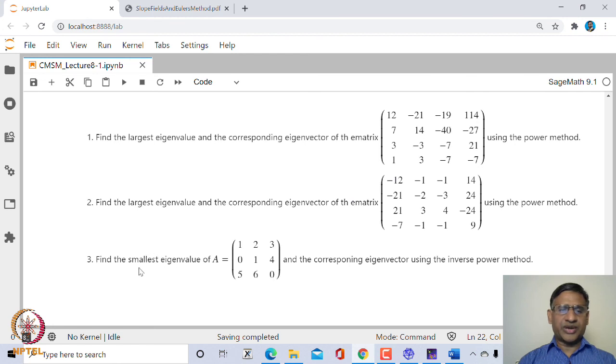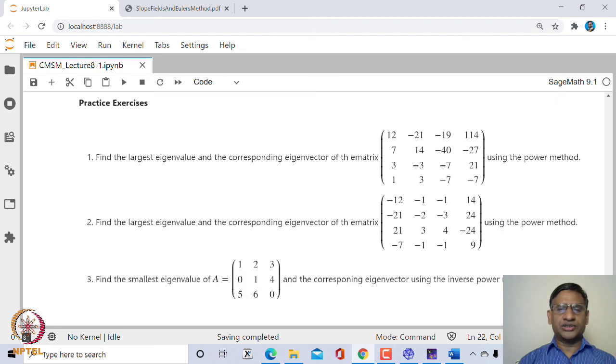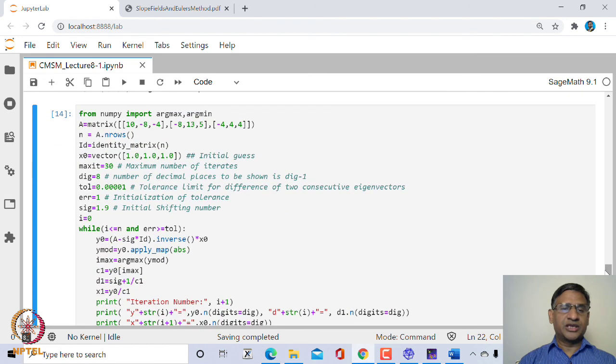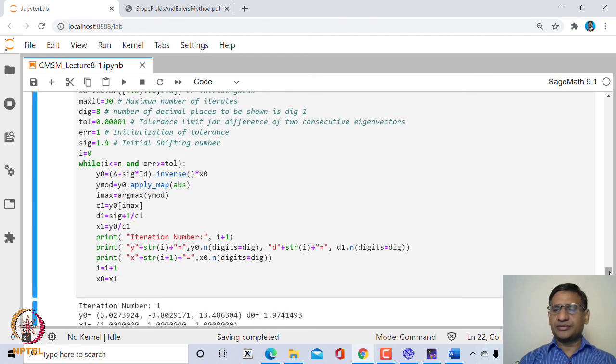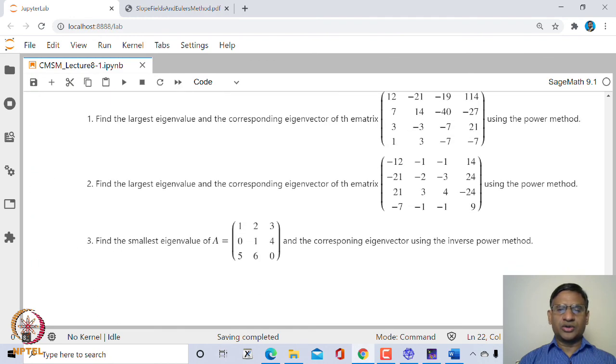Next one is to find the smallest eigenvalue of A and the corresponding eigenvector using the inverse power method. So these are the 3 simple exercises. We have already written a user defined function for each of these, though we have not written one for the inverse power method, but I am sure you can make small changes in this syntax and convert it into a user defined function.